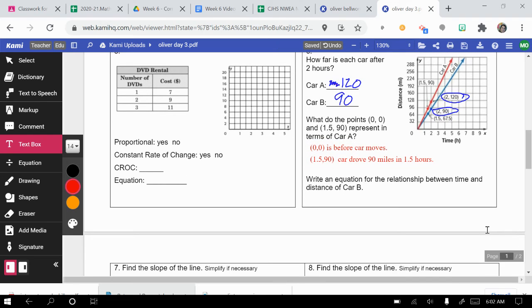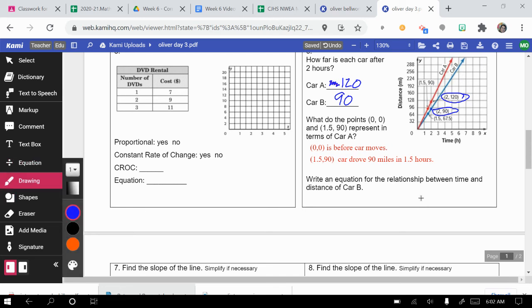So write an equation for the relationship between time and the distance for car B. So car B is our blue line. And we want to know, how is it going up and how is it going over each time? Well, I'm going to just use my ordered pair of 2 and 120. I take my 120 and divide it by 2.